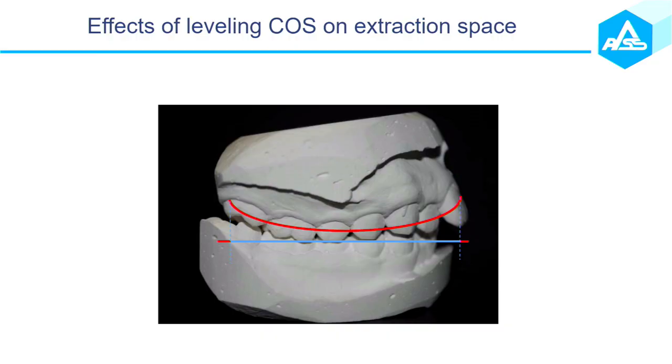If we cut this lengthened length and put them in the extraction space, you will see the extraction space reduced, right? You only have this left to retract anterior teeth. So after first stage treatment, you use light tie wire to level upper curve of SPEE, you lose anchorage already.